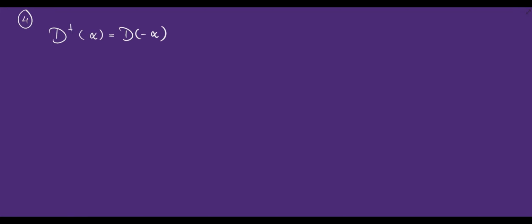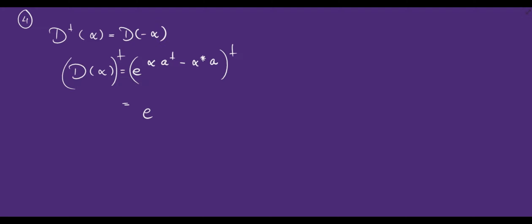Let us start with the displacement operators. So I claim that D dagger of alpha is equal to D of minus alpha. This is just easy to prove because we know that D of alpha is equal to e raised to alpha a dagger minus alpha star a. D dagger of this, if I take a dagger of this, the right hand side is equal to e raised to alpha star a minus alpha a dagger.